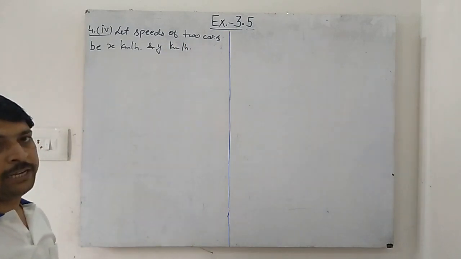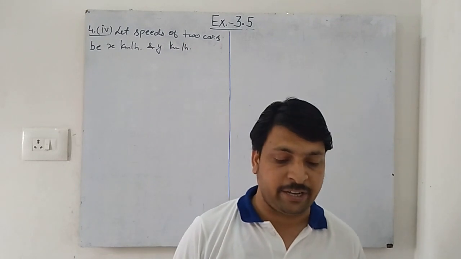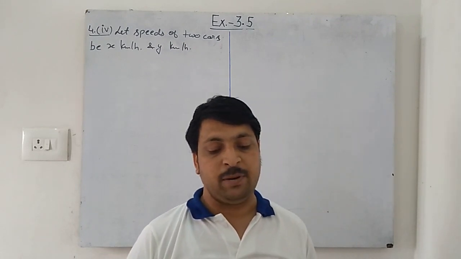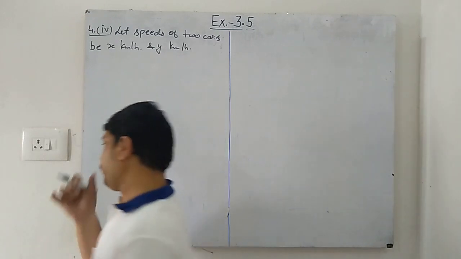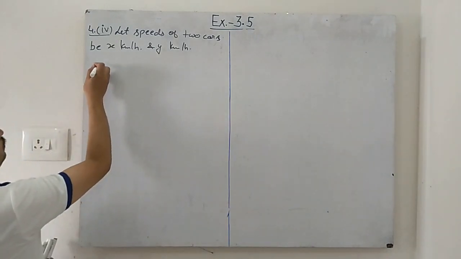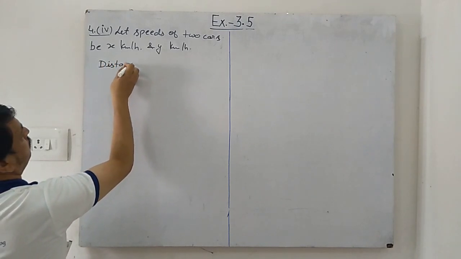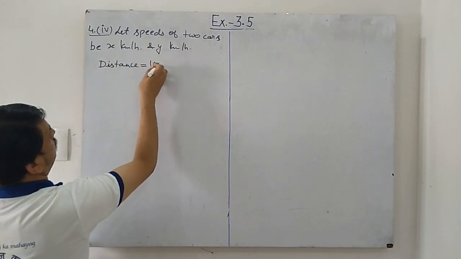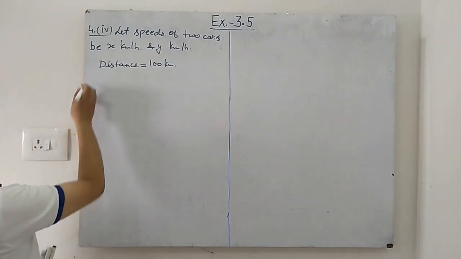Now distance between A and B, total distance is given, that is 100 km. It is already given. Places A and B are 100 km apart on a highway. So distance, it is 100 km.